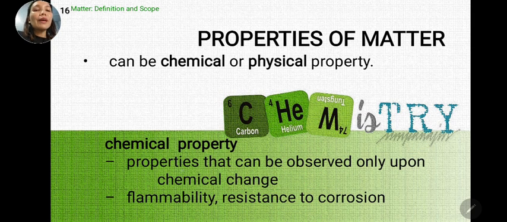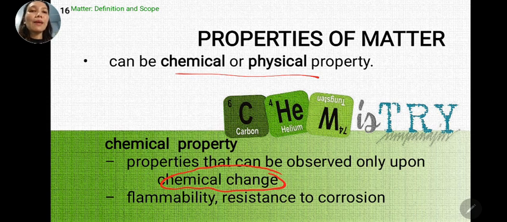So, yung properties naman, kanina we have discussed about the changes that matter undergoes. Ngayon naman, yung properties of matter natin. It can also be chemical or physical. So, yung chemical properties, it can be observed only upon a chemical change. Kapag may chemical changes lang na nagaganap.